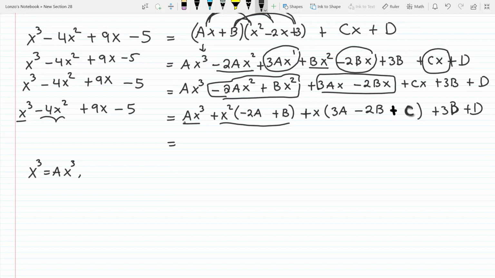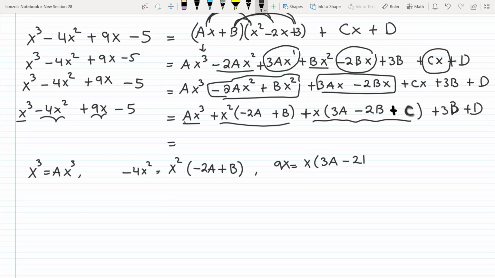So you could say negative 4x squared equals this whole thing. And then the 9x kind of lines up with this whole thing. And then the negative 5 is related to the 3b plus d.